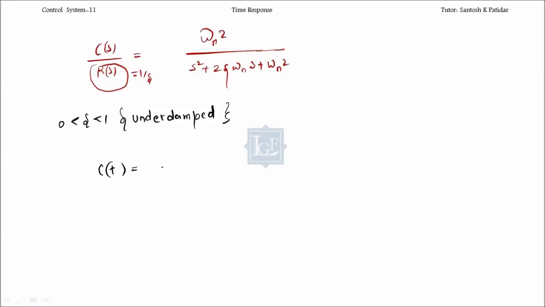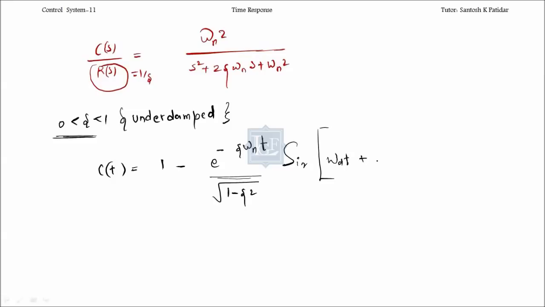The formula for the output for the unit step in this range is 1 minus e to the power minus zeta omega n t, divided by the square root of 1 minus zeta square, times sine of omega d t plus phi.